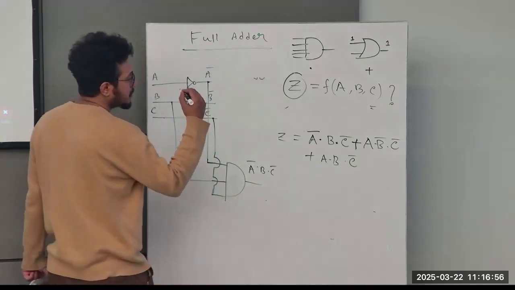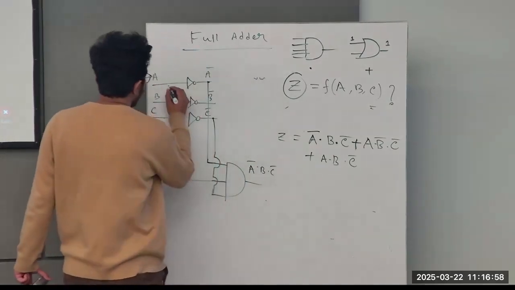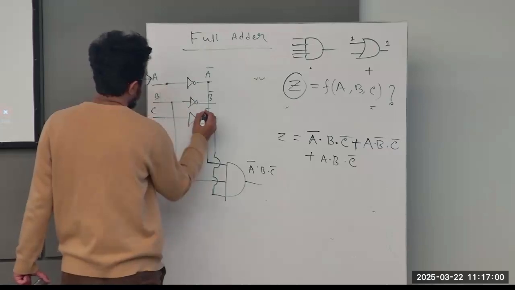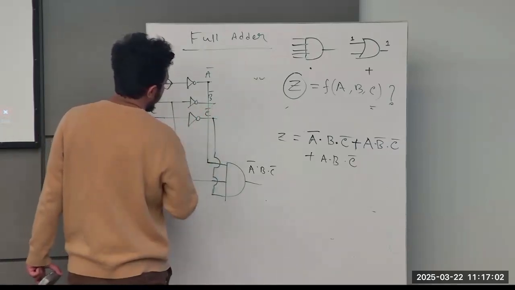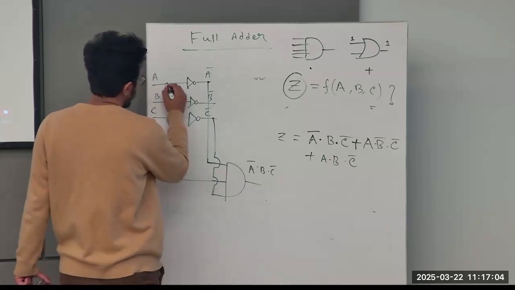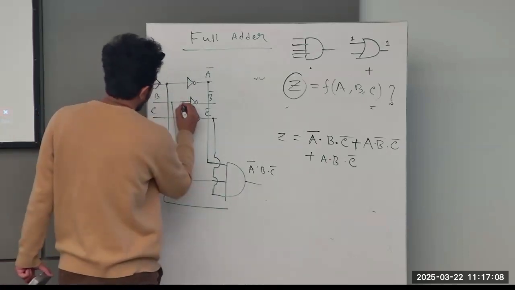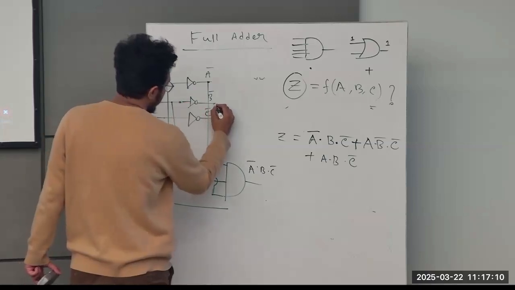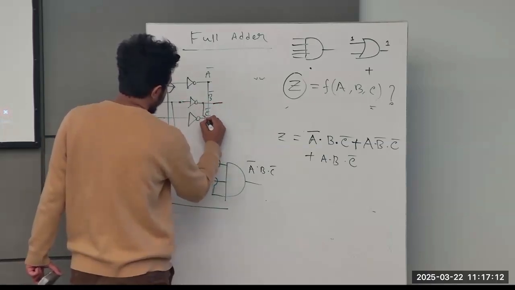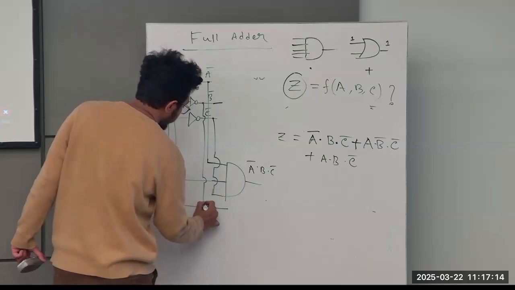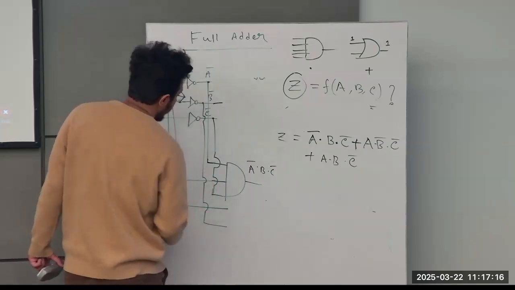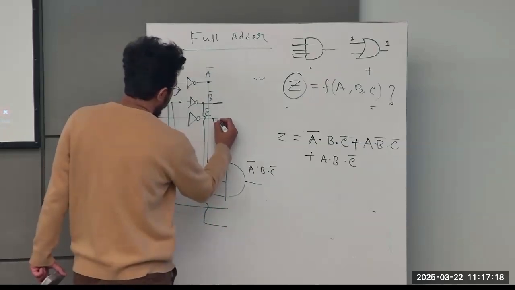Then we have A, B naught, C naught. We have A, B naught, and C naught, right? I can do it, right? A, B naught, and then we have C naught from here.